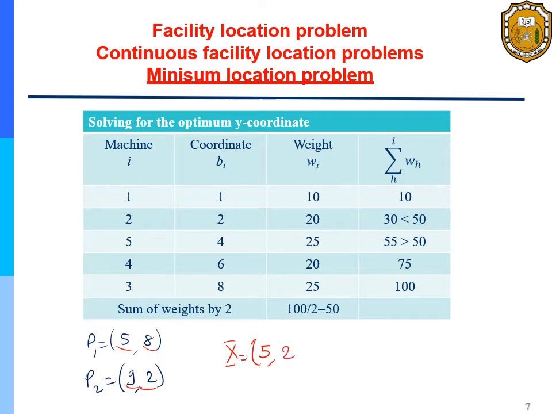For example, if it is 2, then the new facility can be located at 5, 2. But as you can see, P1 and P2 are not at 5, 2. So this new facility is not on one of these existing facilities. But again, pay attention to the statement. It is still possible that this new facility is exactly at the same location as P1 or P2. But it is not always the case.